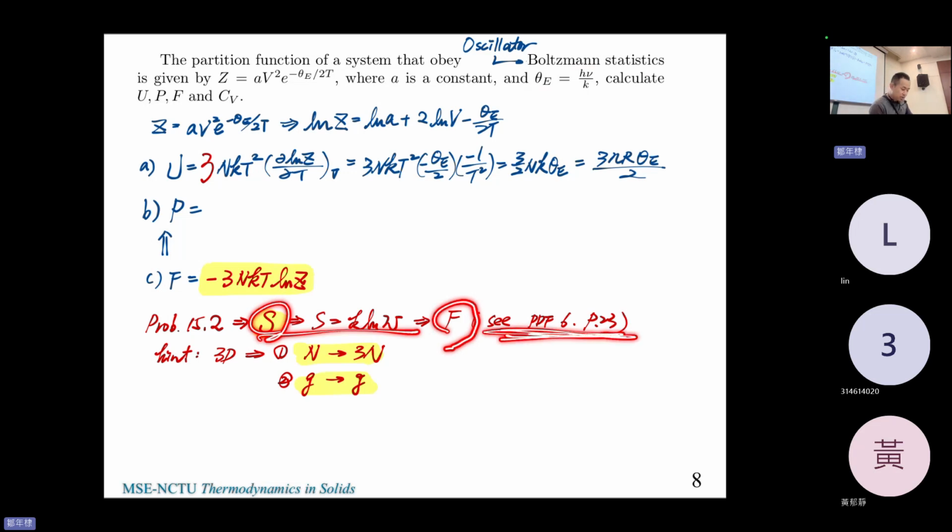But previously this was one-dimensional Maxwell-Boltzmann, and here you have three-dimensional Boltzmann. So in that problem, your N needs to be changed to 3N. But your g is still g, because the only thing that changes is the oscillators become 3 times. The oscillator is still the same, so the degeneracy is still the same. So you use these two things, follow the rule, and you can get this. So this is really important.